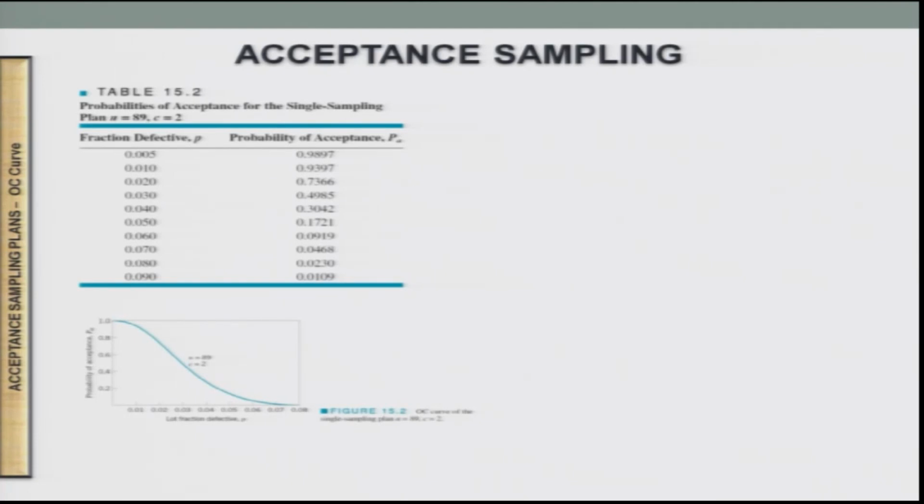Now, if you remember, when you are drawing the AQL curve, you will basically have something measured along the x-axis and something measured along the y-axis. As already stated, one would be the fraction defective, which is given by P, and the other would be the probability of acceptance, given by P suffix A. As the fractional defects are given, the probability of acceptance is given. Obviously, as the fraction increases, the probability of acceptance decreases.